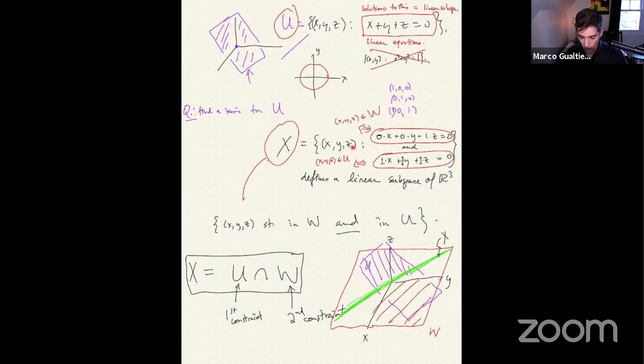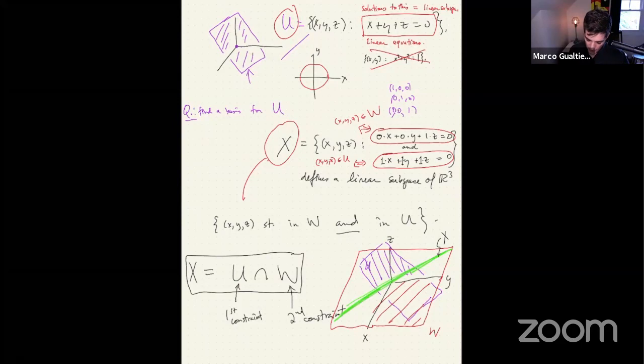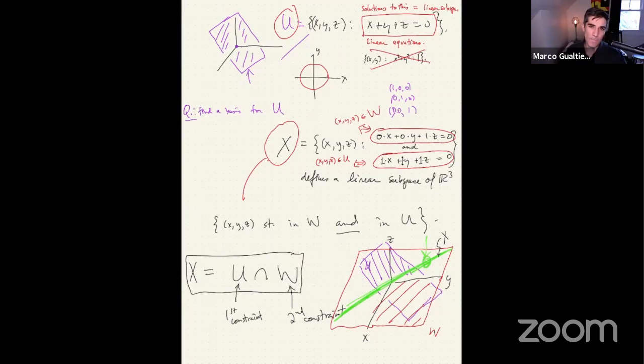You can't just stare at this and immediately know the answer, especially if this was 50 equations in 100,000 unknowns. You need some method for finding a vector in here, some vector which spans that one-dimensional subspace. So, to be continued.